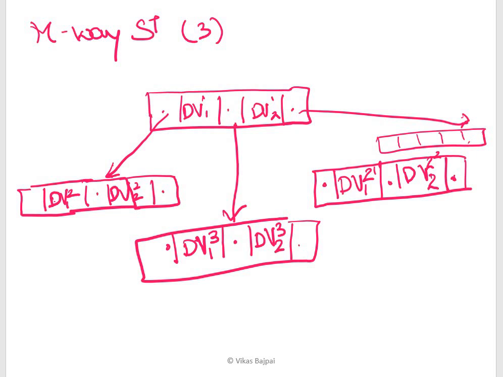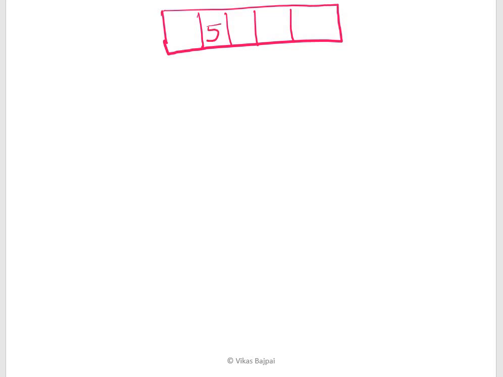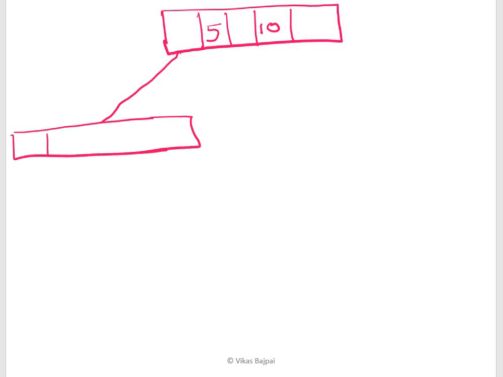Let me take another example which will be comparatively easier. So let's say I have some values 2, 3, 4. So what we have is, let's say, 5, and let's say 10, and this will go to this. Once again I have some values, right? These are pointers. Here also I have some pointers. So let me add some more.